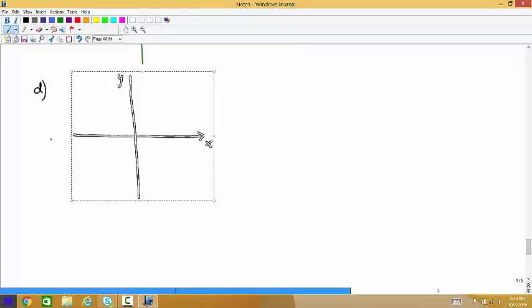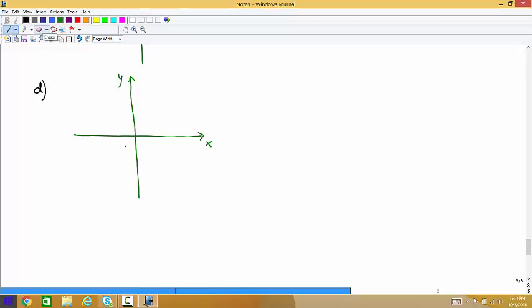So plot the point -5, 0. That's out here. Go from the origin to that point, and then that's the vector.